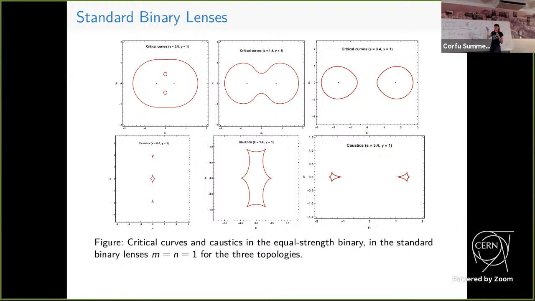Symmetric because both lenses have the same index for the potential, that is 1. So the first one is in the close separation, then the intermediate separation, and then the wide separation. Above, we have the corresponding caustics that we find by applying the lens map. So the red case that we will see even in the following plots is the standard case that we take as a reference.